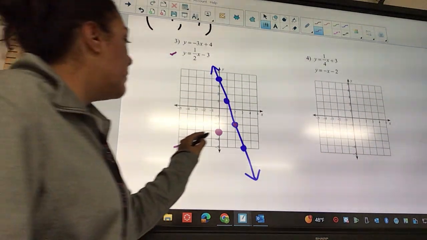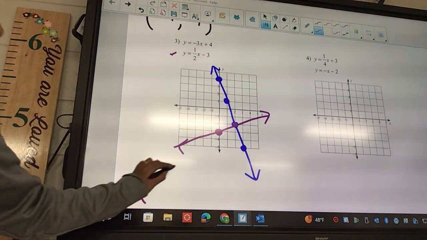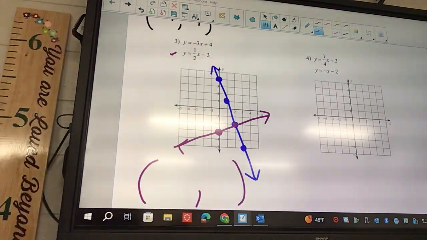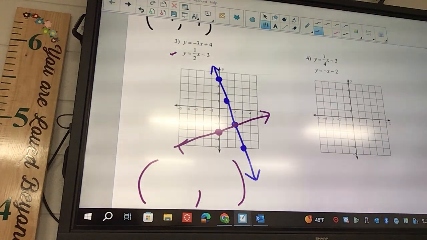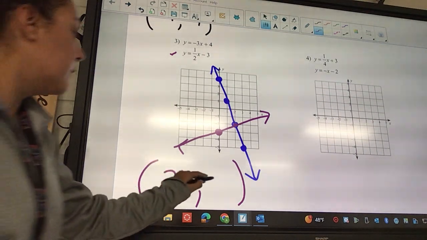So we want to do the bare minimum on line 2. What is that intersection point? 2, -2, good.